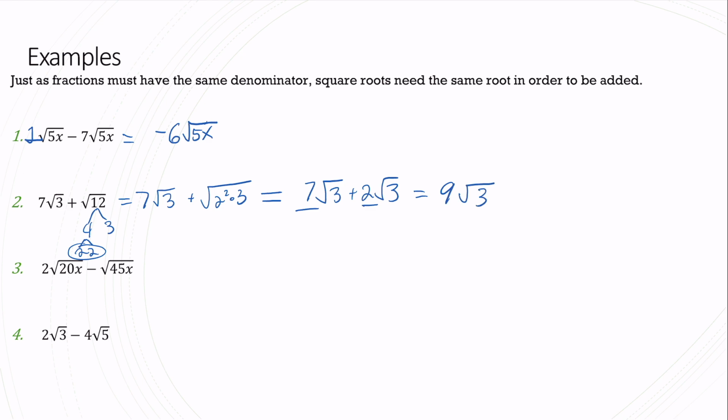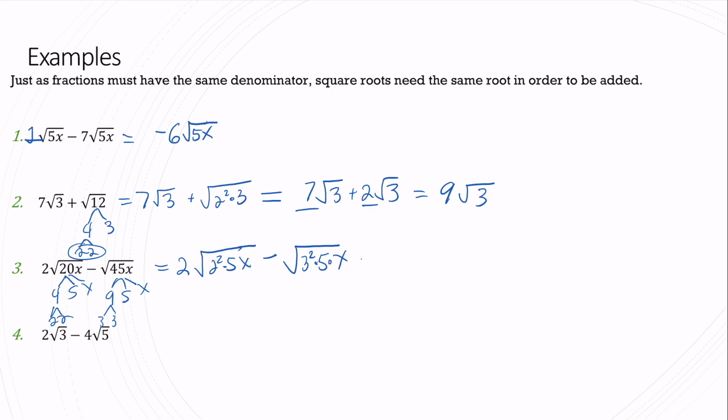For problem 3, I need to simplify both of these because 20 is 4 times 5 and 45 is 9 times 5. And that x doesn't have a partner, but it sticks around too. So I would have 2 square root of 2 squared times 5 times x minus the square root of 3 squared times 5 times x.